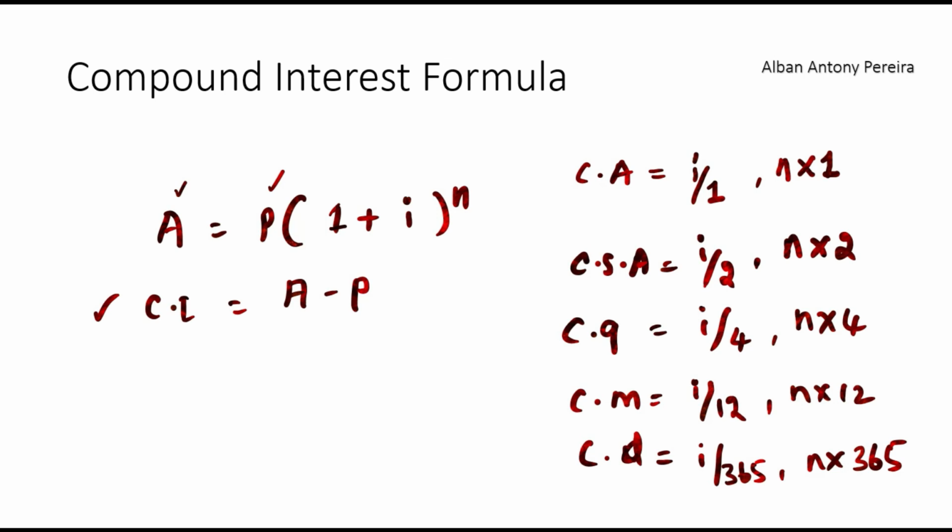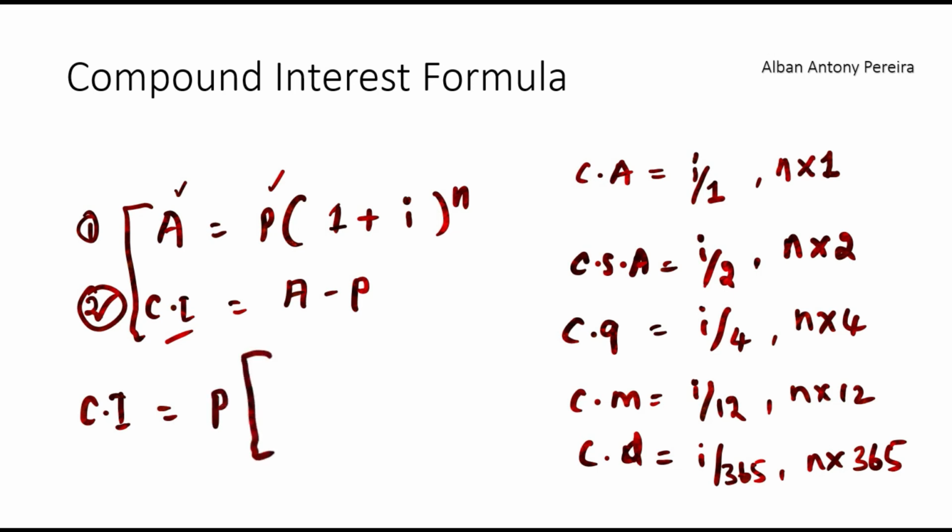Okay, now here you can see if you want to just calculate compound interest, you have to follow two formulas, right? Two steps or two formulas. Instead of that, you can have a single formula straight away wherein you can compute the compound interest, and the formula is like this: P[(1 + i)^n - 1].